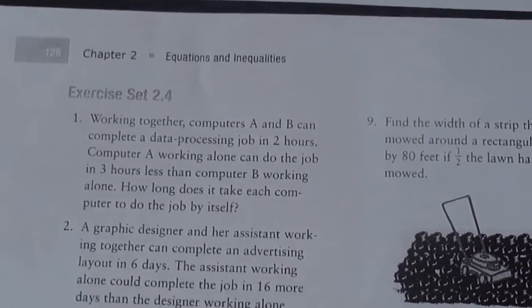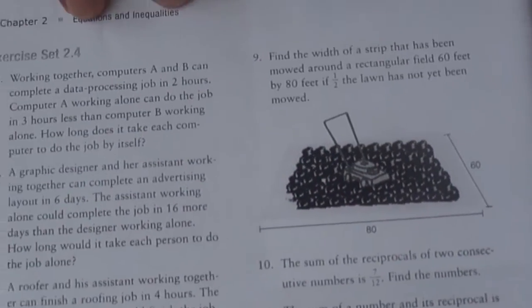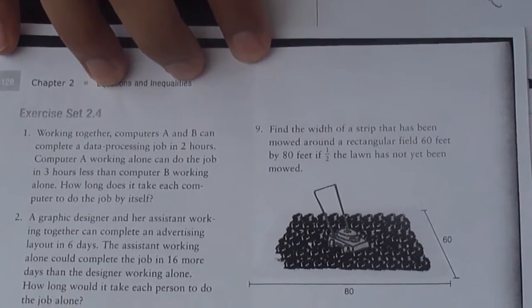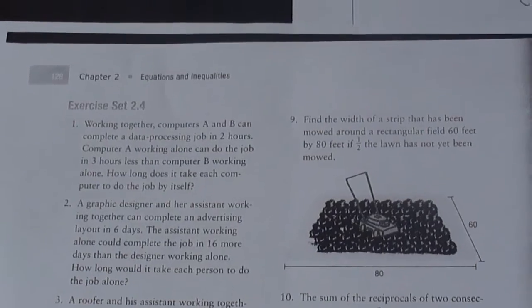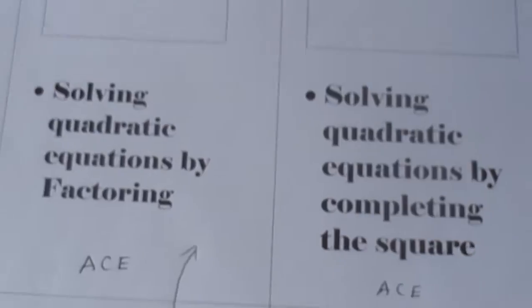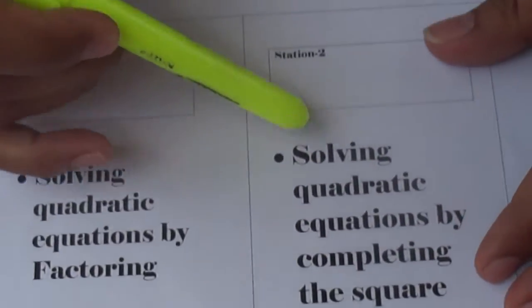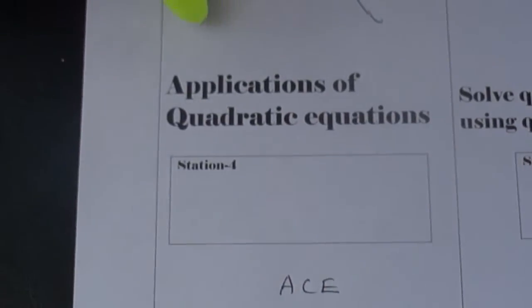So the next day they need to rotate as directed. Say for example, the first station students go to the second, station 2 rotates to third, third goes to fourth.